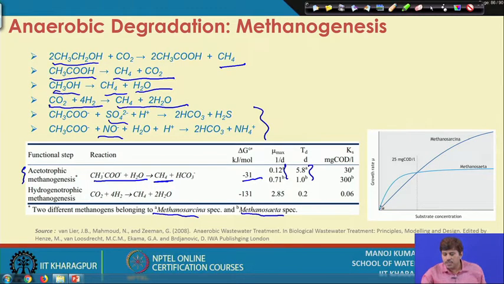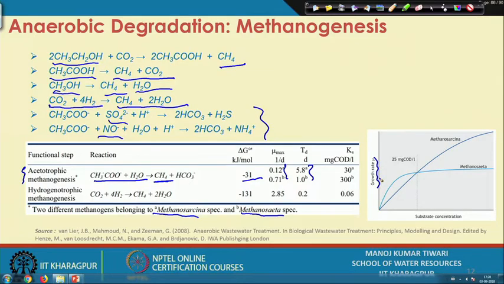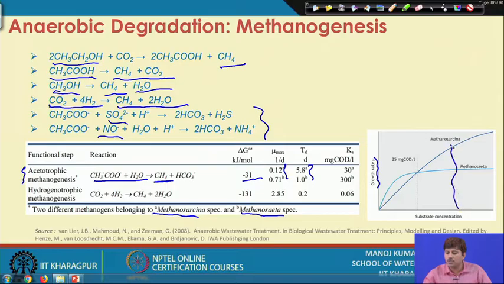They have different shapes. Earlier we discussed biomass growth and the Monod kinetics. If we see their net growth rates on the Monod kinetics depending on substrate concentration, methanosarcina works far better when the substrate concentration is higher.